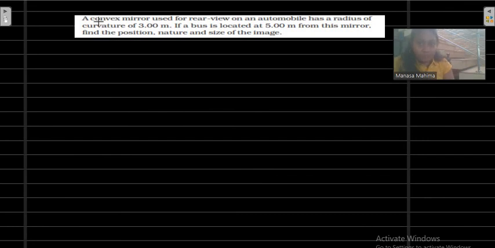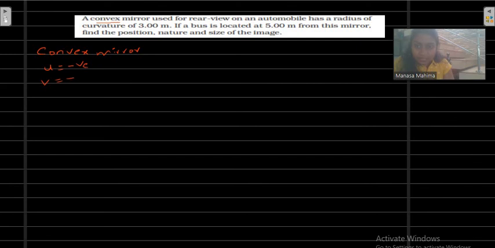See what kind of mirror they have given. If you see this, it is a convex mirror. They are talking about convex mirror. So in convex mirror, what all will be positive and what all will be negative? See, as you know, U is negative, correct?